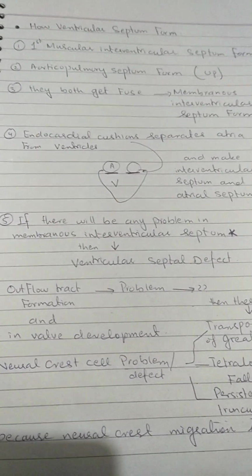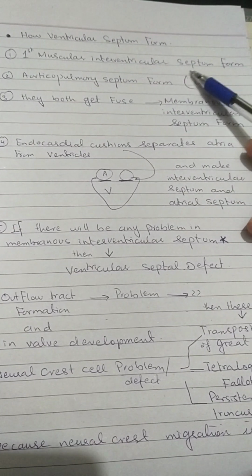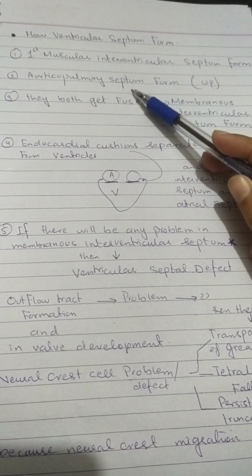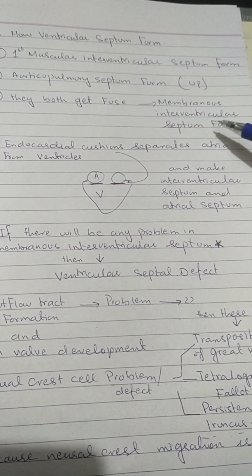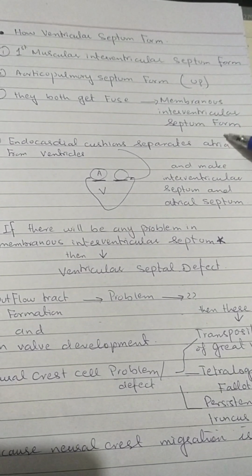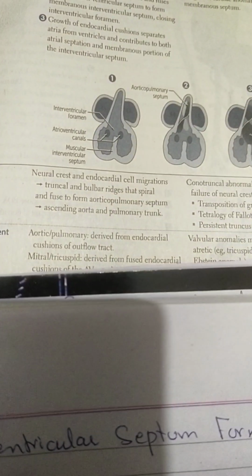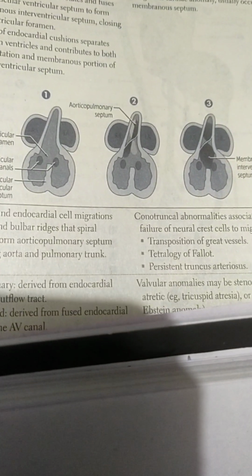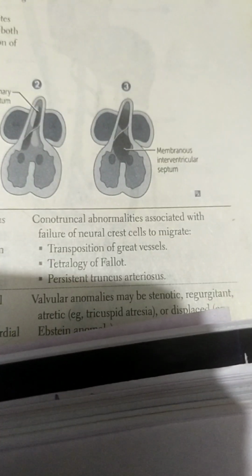This is how the ventricular septum forms. First the muscular interventricular septum forms and the aorticopulmonary septum forms. They get fused and the membranous interventricular septum is formed. Muscular ventricular septum is formed, and here the aorticopulmonary septum, and they both fuse to form the membranous interventricular septum.